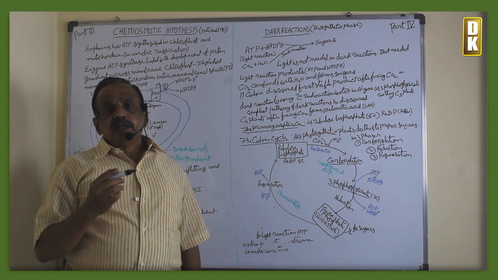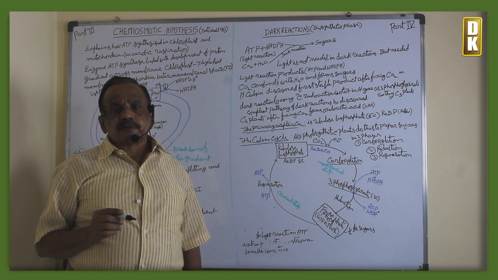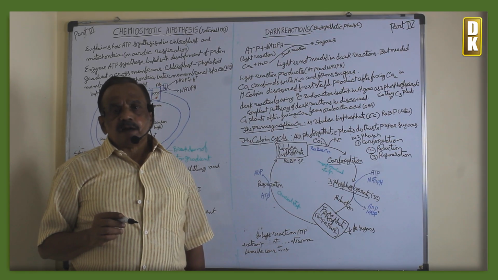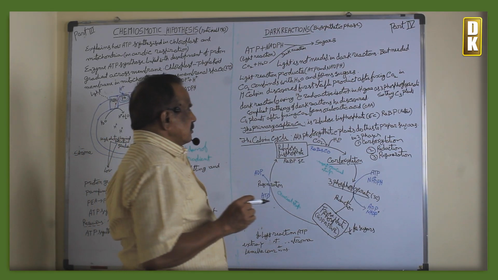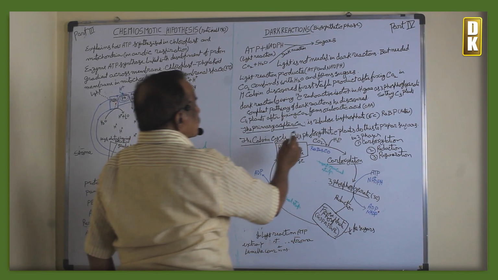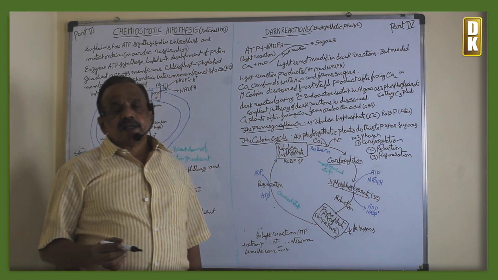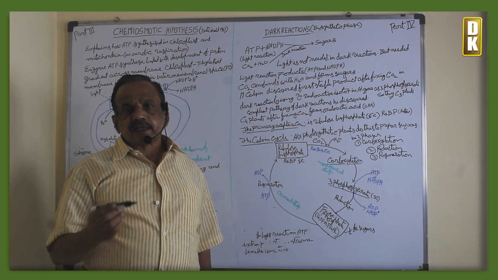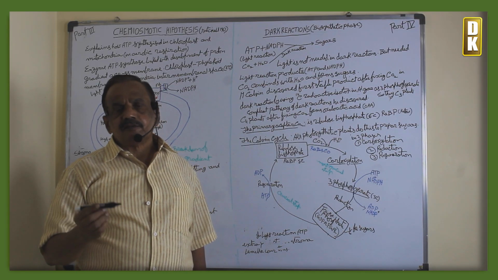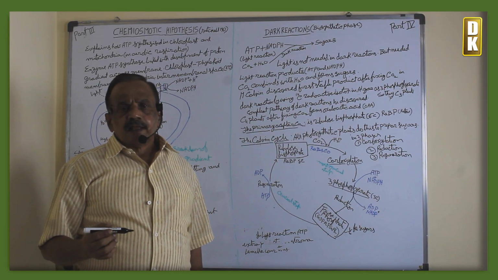Calvin discovered that the primary acceptor is a 5 carbon compound, a ketose sugar, ribulose bisphosphate. Ribulose bisphosphate is the first carbon dioxide acceptor in the Calvin cycle.